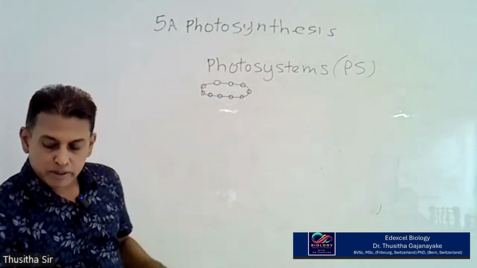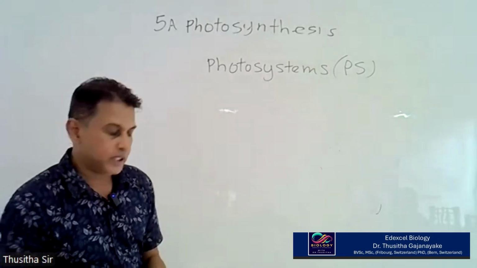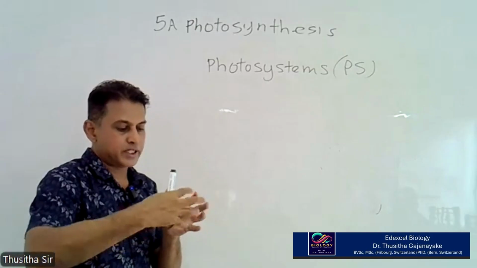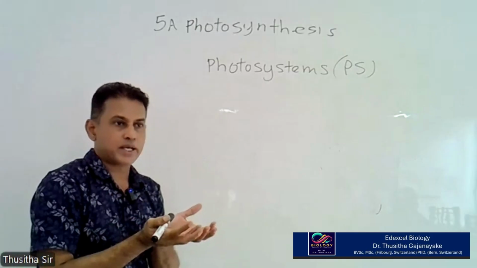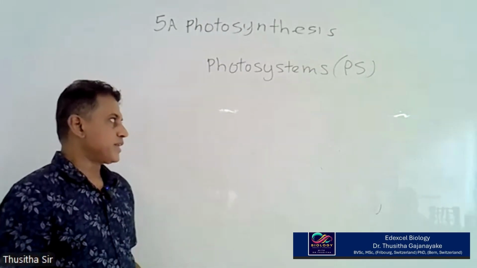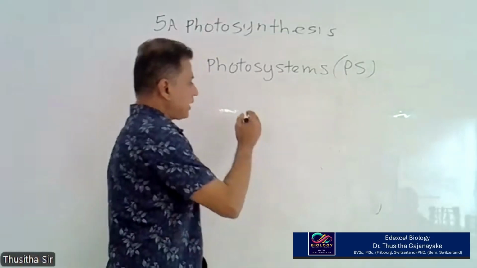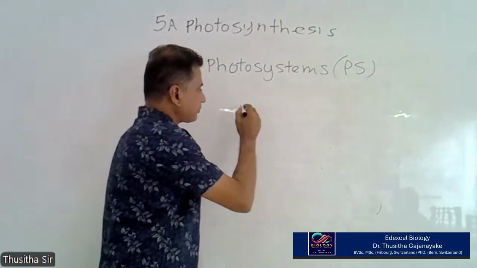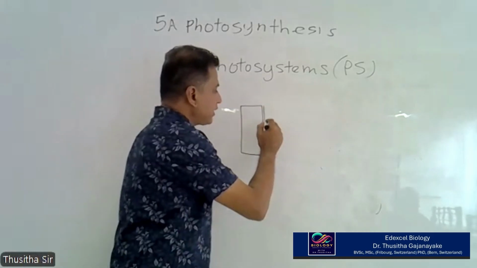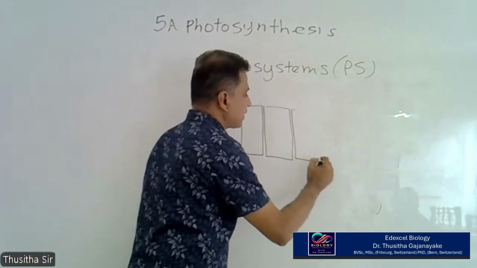So let's look in a little more detail at this photosystem. Now I am using a different diagram because the photosystems are 3D, sphere-like complexes. But to understand the purpose, I try to draw it like this. It has a component like this, and another component like this, and another like this.